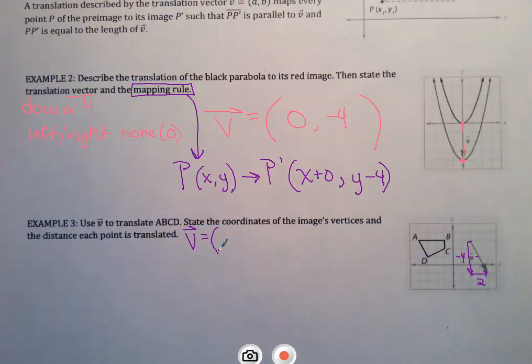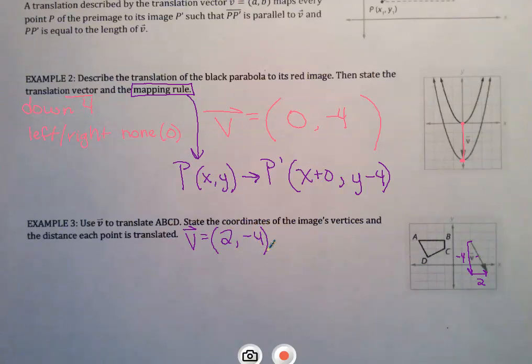It's A comma B, right? Do we do our horizontal or our vertical first? Horizontal. So the vector notation is going to be 2 for the horizontal. And what's our vertical change? Negative 4. Good.